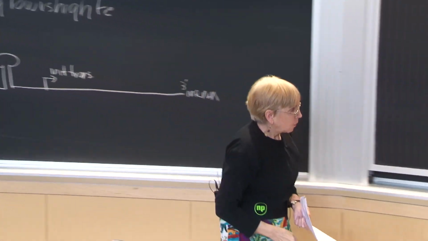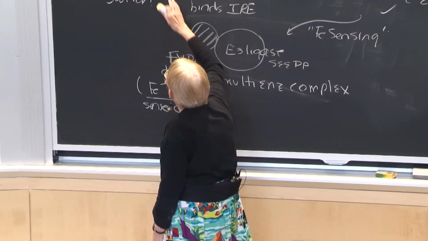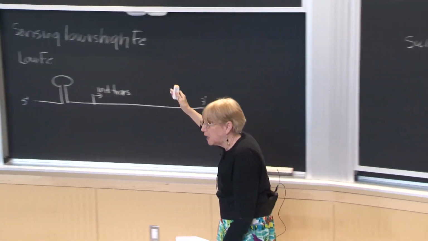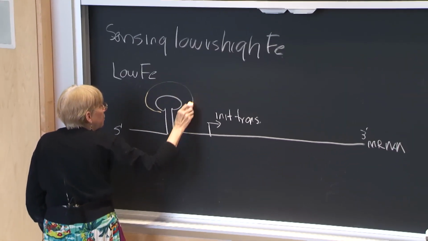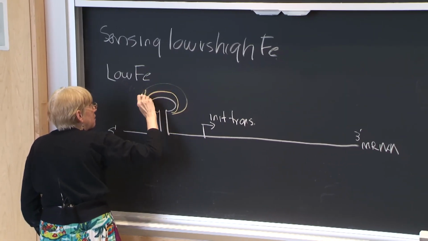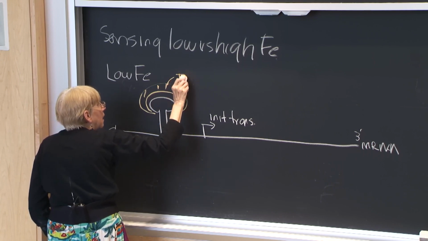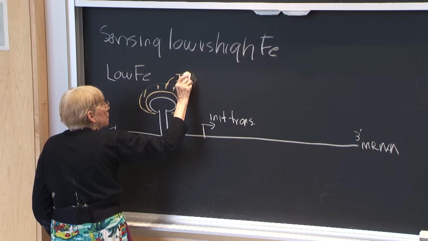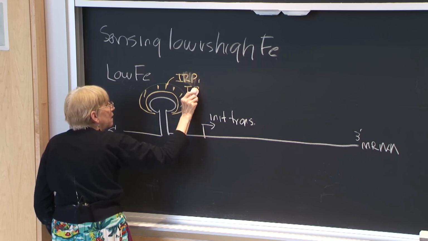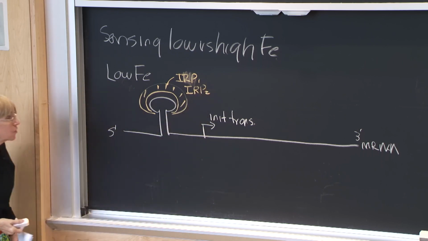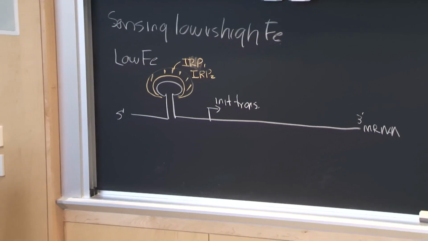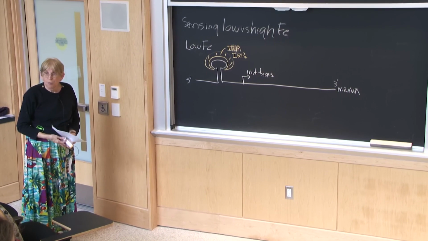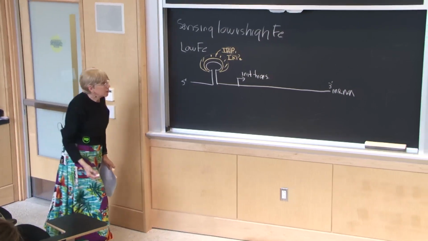If this protein, IRP2 or IRP1, both in the apo form, binds the IRE, and they do both bind, people are trying to sort all of this out, what happens to the translation? It's inhibited. If you have this little stem loop in the front of your message, you inhibit translation.